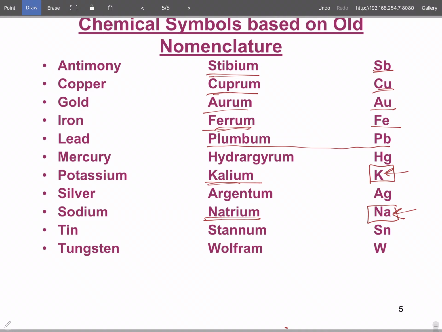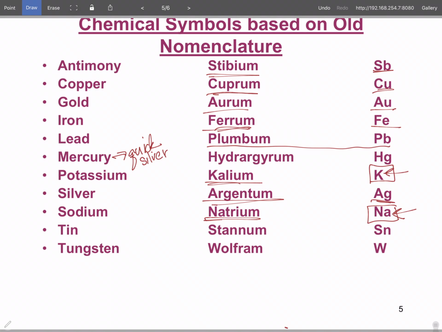Now, the one I skipped over is silver, which is argentum, which is Ag. Gold is Au, silver is Ag. If you've ever heard the phrase quicksilver, that's mercury. If somebody is talking about quicksilver, they're talking about mercury. It's a liquid, so it looks like liquid silver.